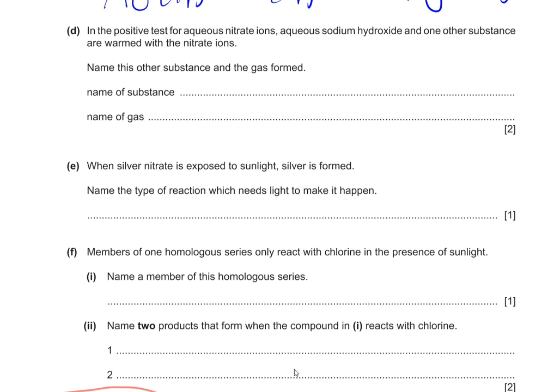The substance that is warmed with the nitrate ions is aluminum. It's something that you have to know from the test of ions unit. And the gas that is formed is ammonia, which is something as well that you have to know from the test of ions.